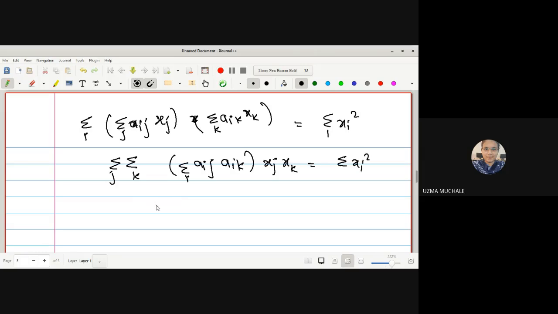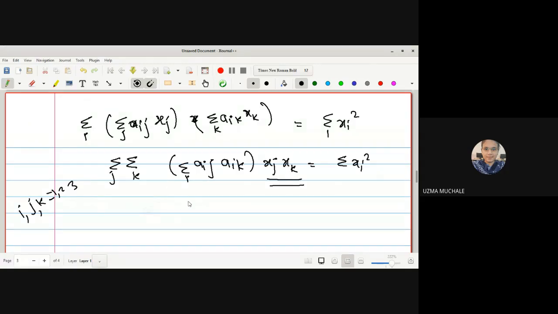Now I can say that this summation over, comparing these coefficients, I can compare the coefficient. You can say here what are the conditions: j, k, and i all are running for 1, 2, and 3. If I run the summation, sometimes j and k both will be equal to 3, so at that time it can have x3 square.